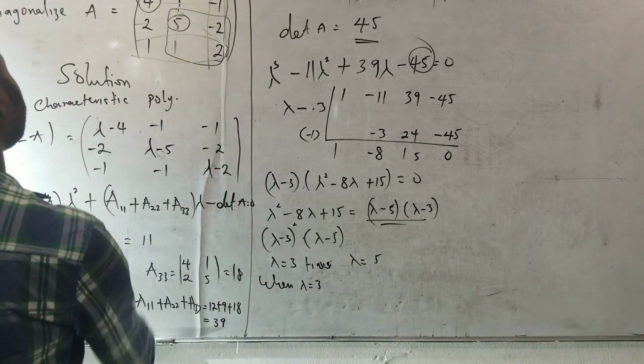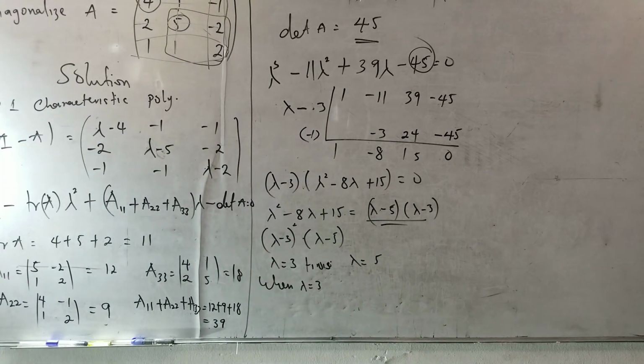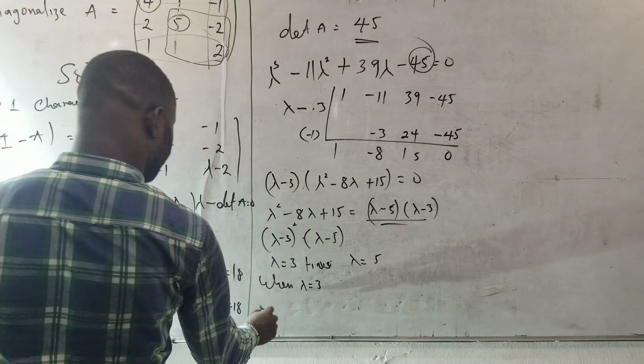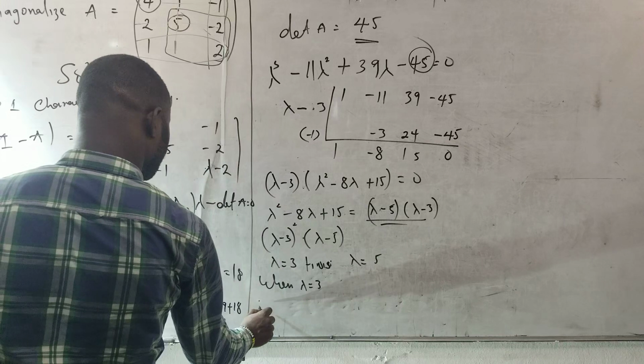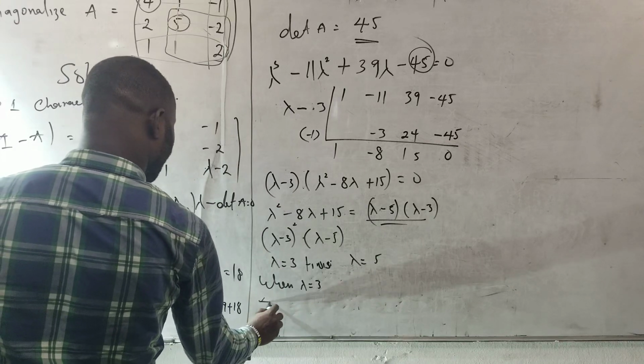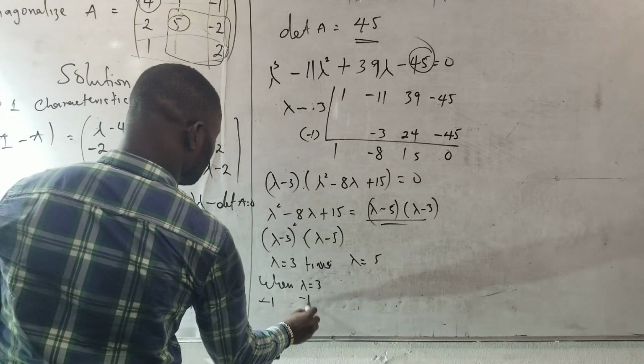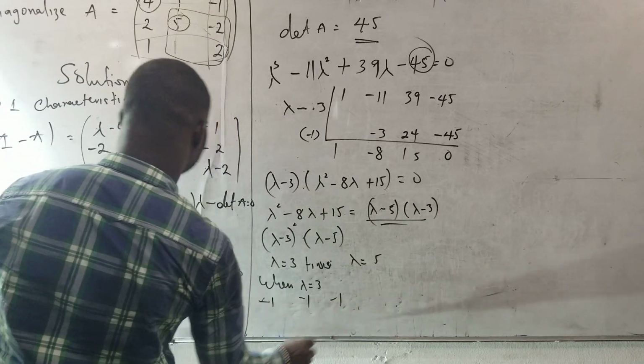Now, what I will do is I will come to this part. When my lambda is equal to 3, I'll be having minus 1, and 1 and minus 1.